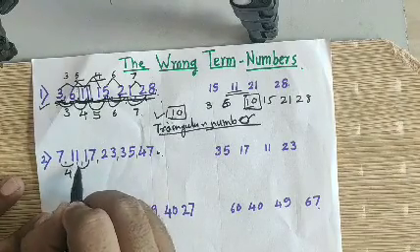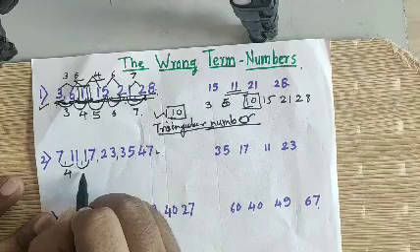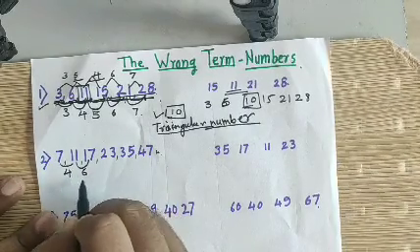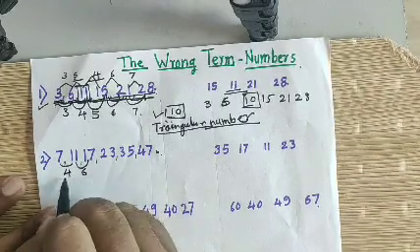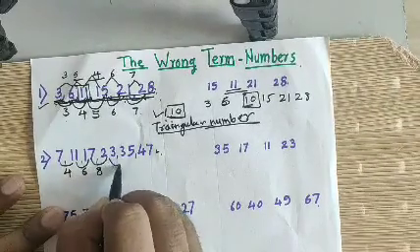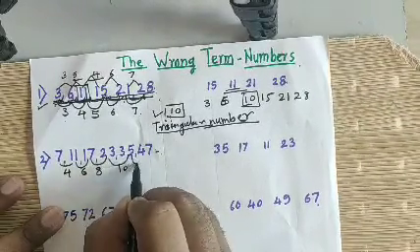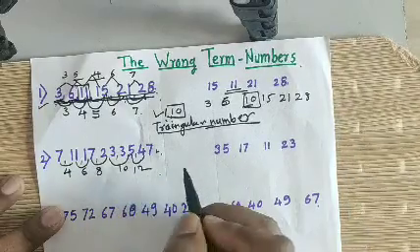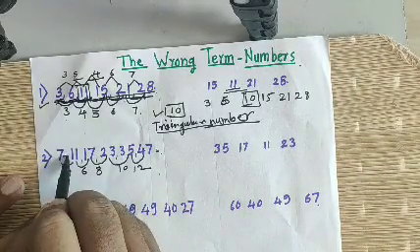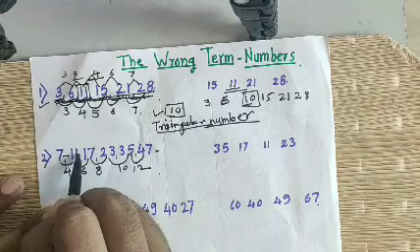Then between the second term and third term there is a difference of 6. So it must follow an increasing pattern, that is 4, 6, 8, 10 and 12.